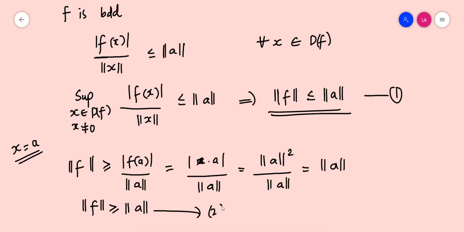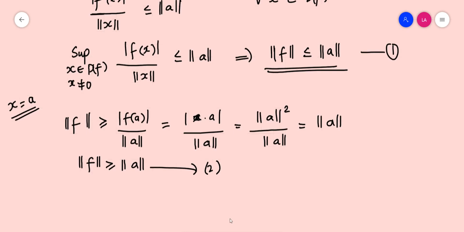Now from condition 1, norm f is less than or equal to norm a, and from condition 2, norm f is greater than or equal to norm a. So we can write it as norm f equal to norm a.